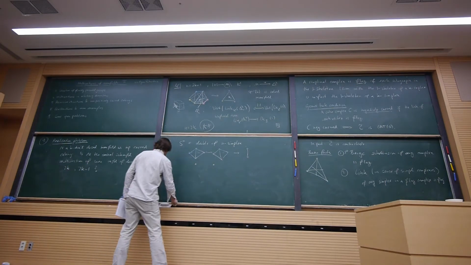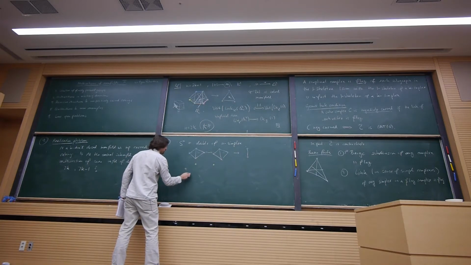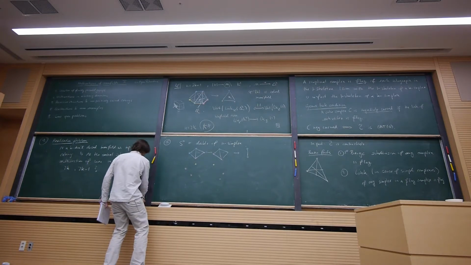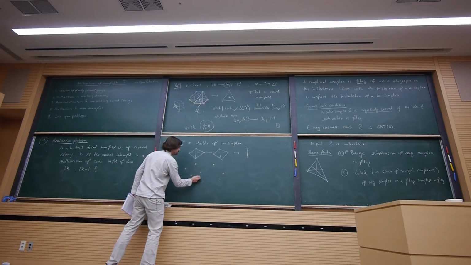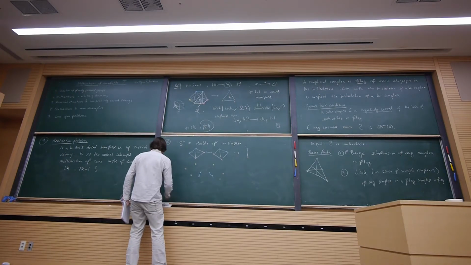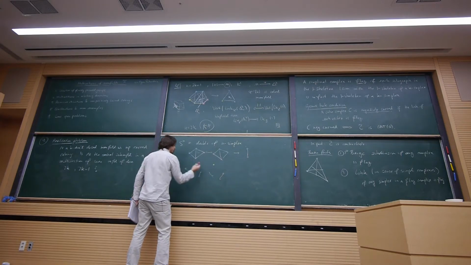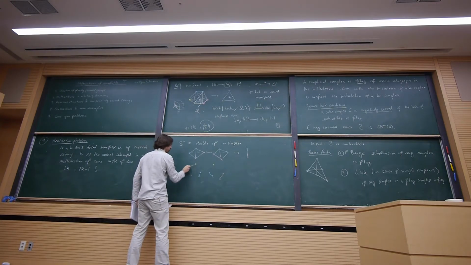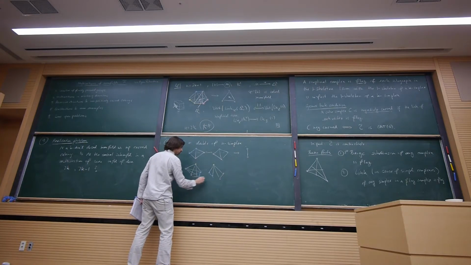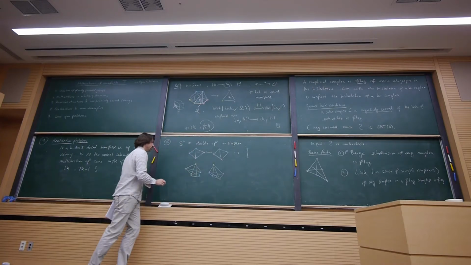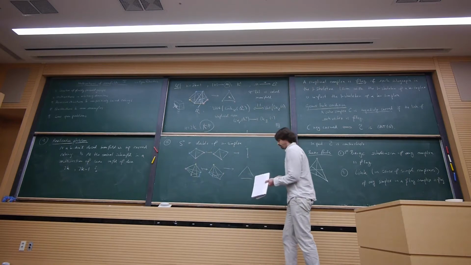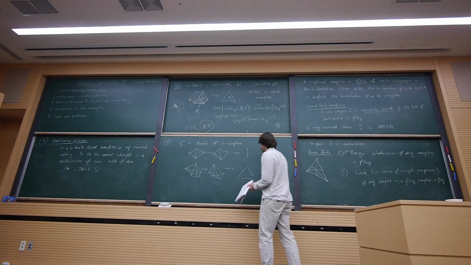So, the even dimensional picture, let me just draw it in dimension 4. It's just the same. So again, this is a double, and then you just map it to the 2-simplex in the obvious way.